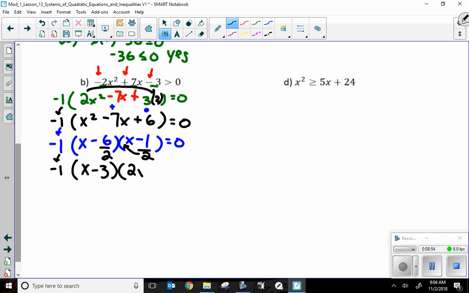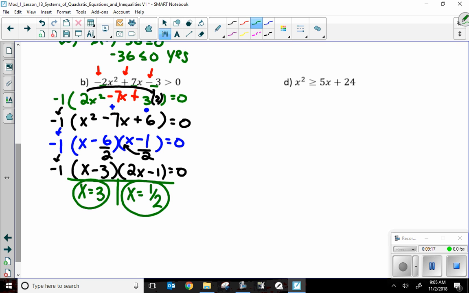Bottoms up. 2x minus 1 equals 0. And now I can T-bone these and find my answers. Okay? My answers would be x would equal 3. That's what would make the left parenthesis 0. And x would equal 1/2. That would make the other parenthesis 0.